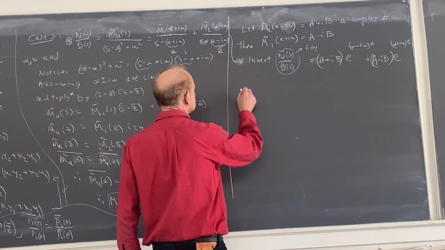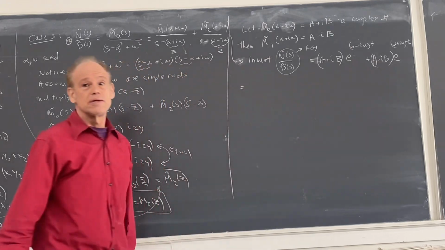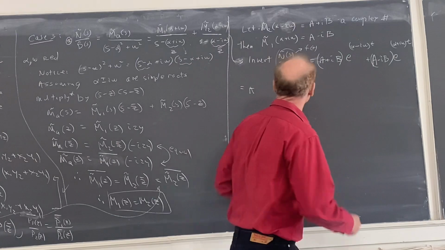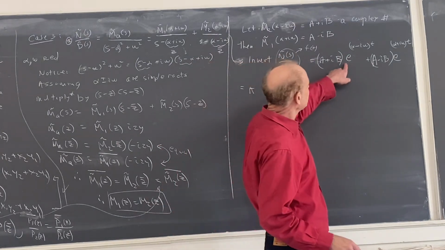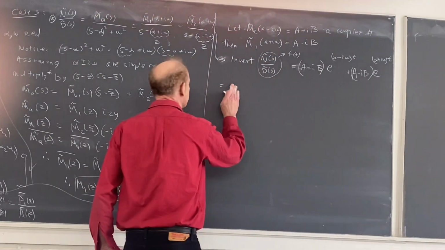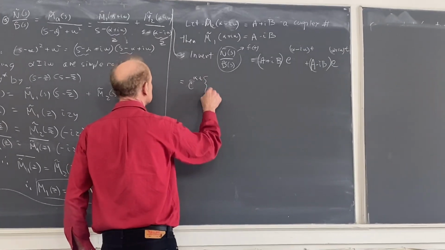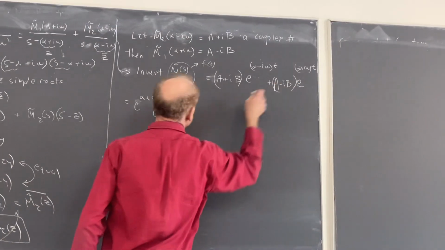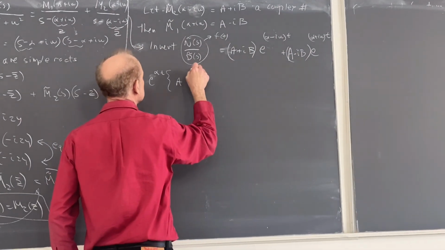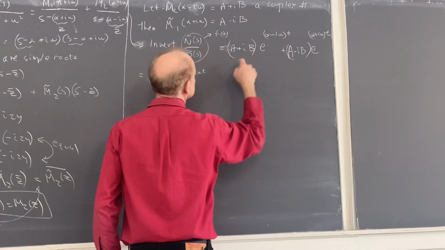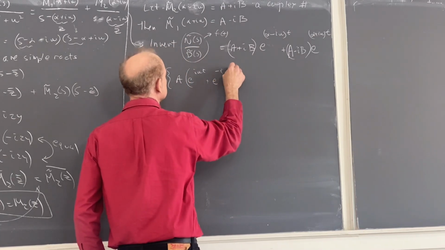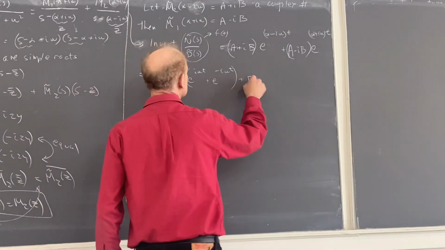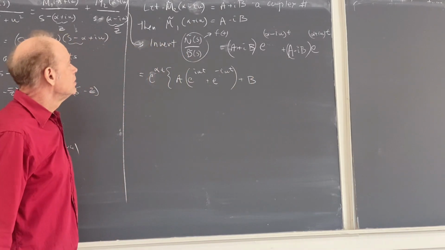Okay, so let's rewrite this. So I have a times, and notice that I have e to the alpha t on everything. So let's pull the e to the alpha t out. And here I have a times e to the i omega t plus e to the minus i omega t. And now I have plus b times, well, what do I have?